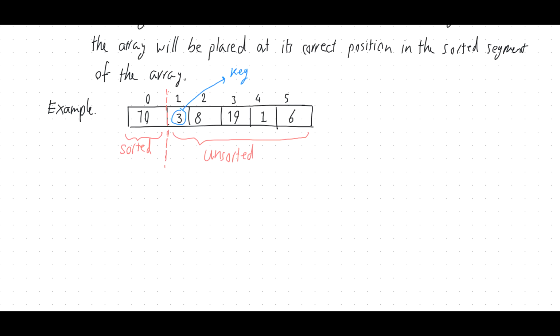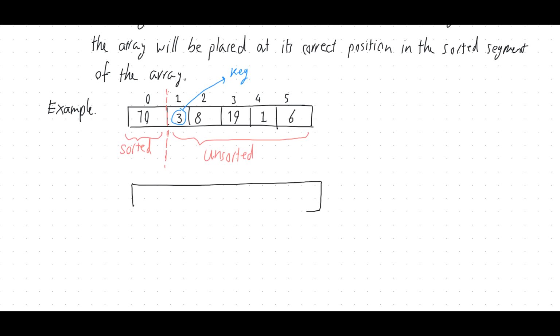And obviously, because 3 is less than 10, it should be placed before 10. So here's what we do. We move 10 to the right to make room. We copy 10 here so that we empty this place for 3. And in any case, we end up with this.